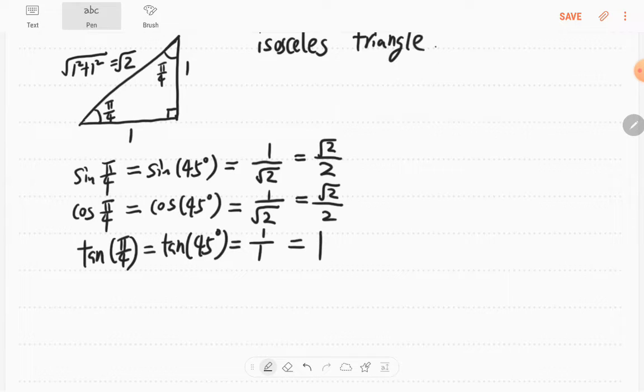Okay, then the other three: cosecant is 1 over sine, secant is 1 over cosine, cotangent is 1 over tangent. So you can use the reciprocal identities to get the other three. So these three are the most important ones you should know, because the other three you can get using the reciprocal identities.